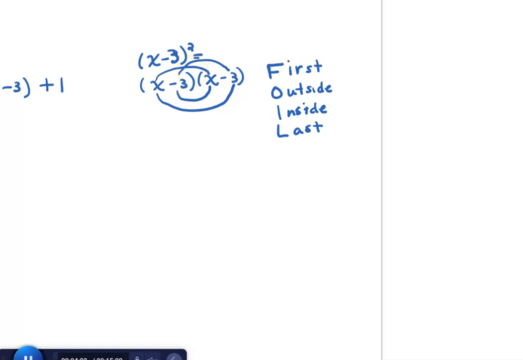So x times x, first times first, is x squared. Outside times outside is x times -3, which is going to give us -3x. Inside times inside is -3 times x, which again is -3x.